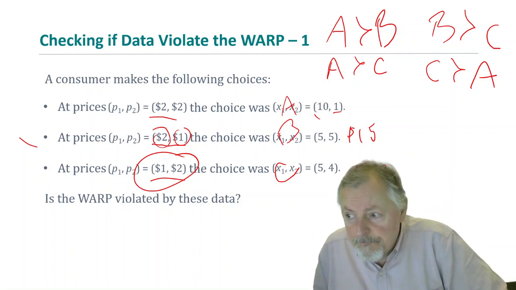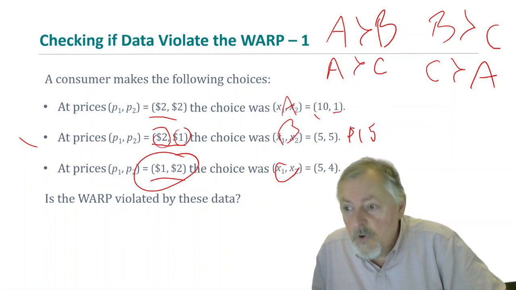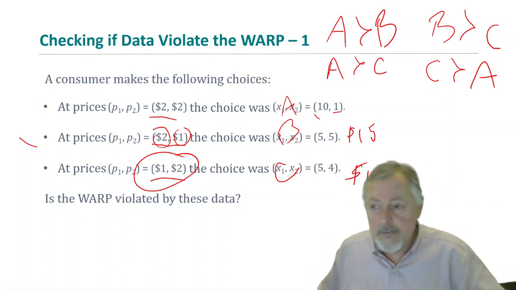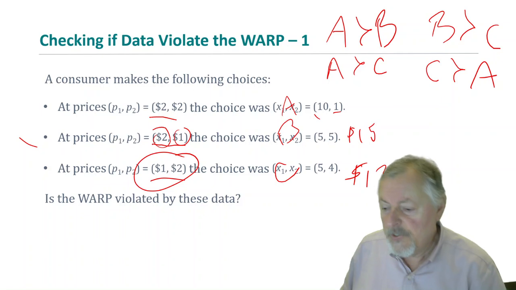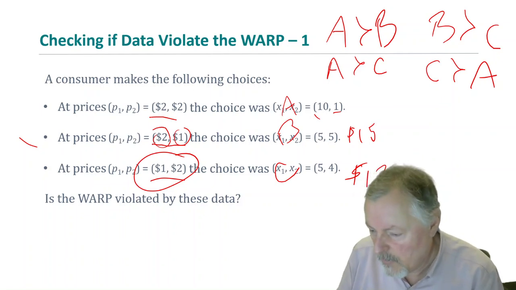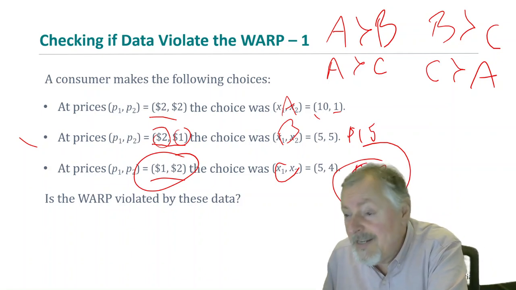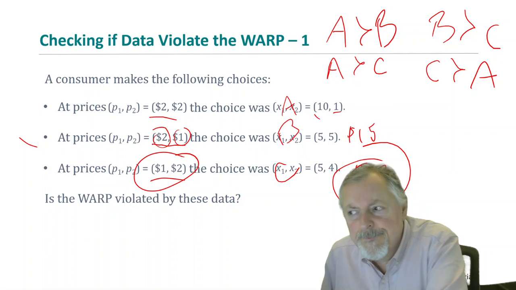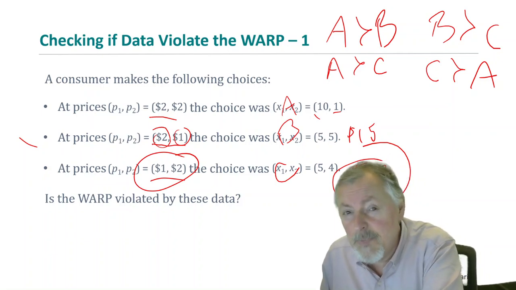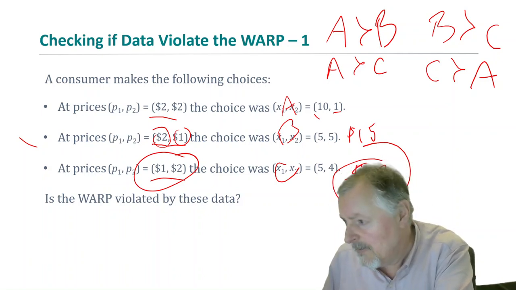Well, choice B that you did not pick would have also cost you $15, just as it did the second time. We don't know that you have $15 now. We saw you spend $13. So we know you could afford anything that costs $13 or less. You didn't pick something that costs $15. Does that tell us anything about your preferences? No, because we don't know for a fact you could buy B.